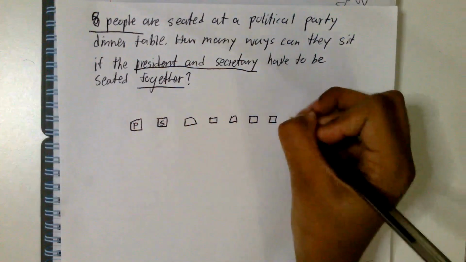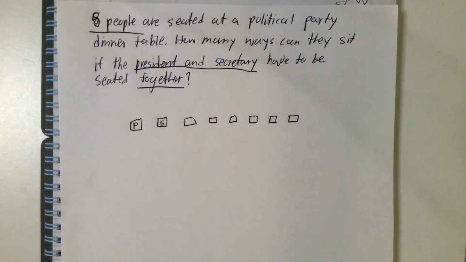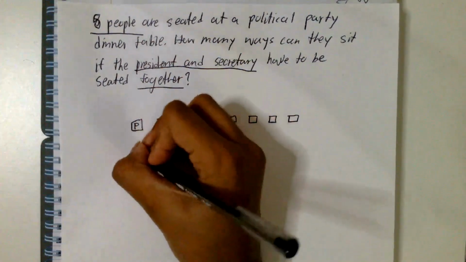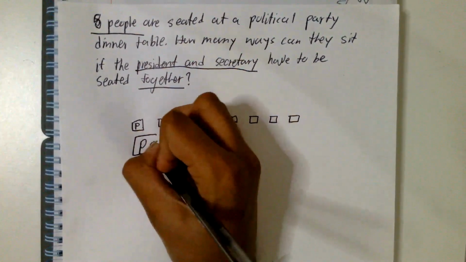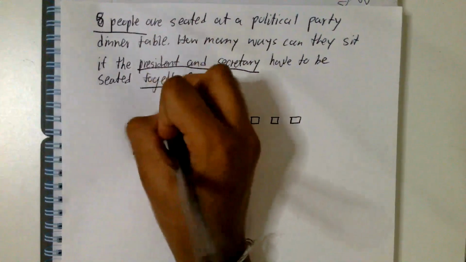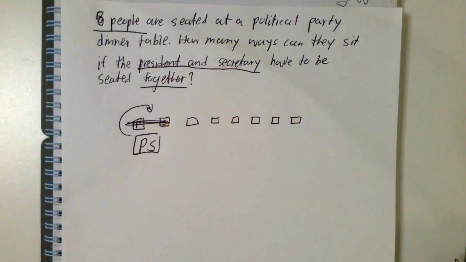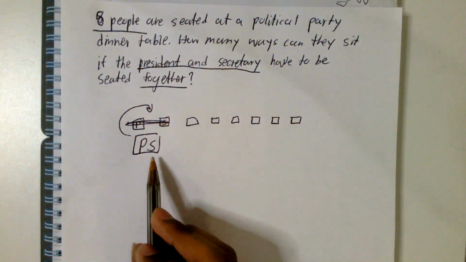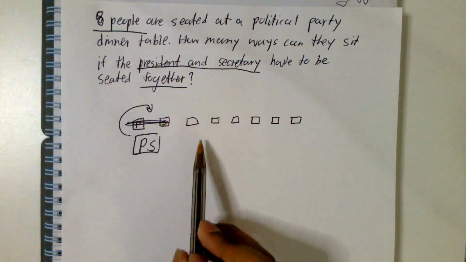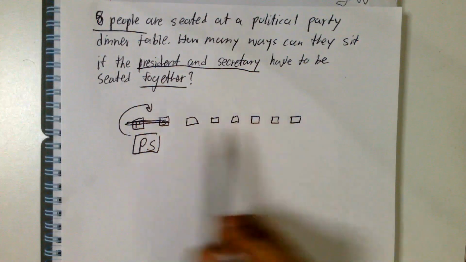So 8 people. Okay? But since the president and secretary have to be seated together, we can just make them one group, right? They count as like one thing. So we can cross this out and redraw this as this. So now we only have 7 objects, right? 1, 2, 3, 4, 5, 6, 7.